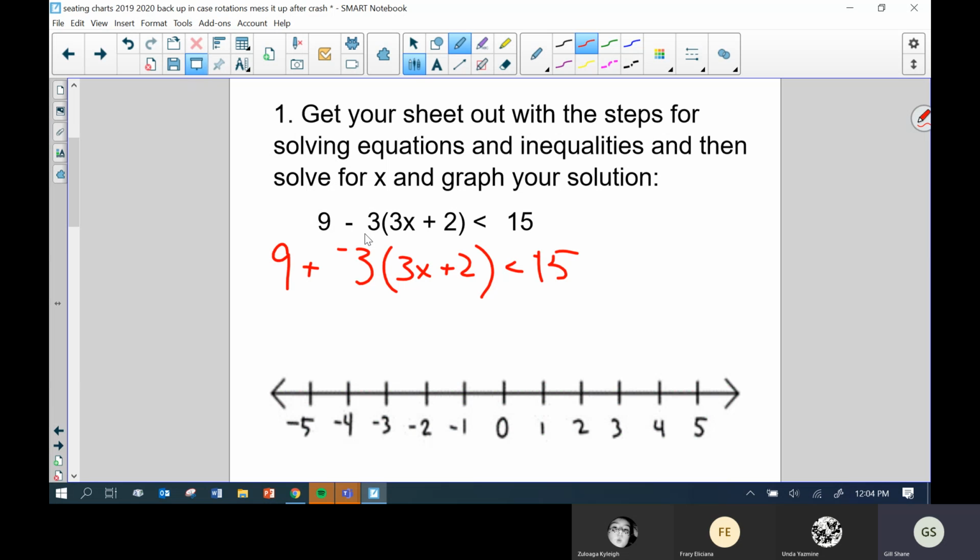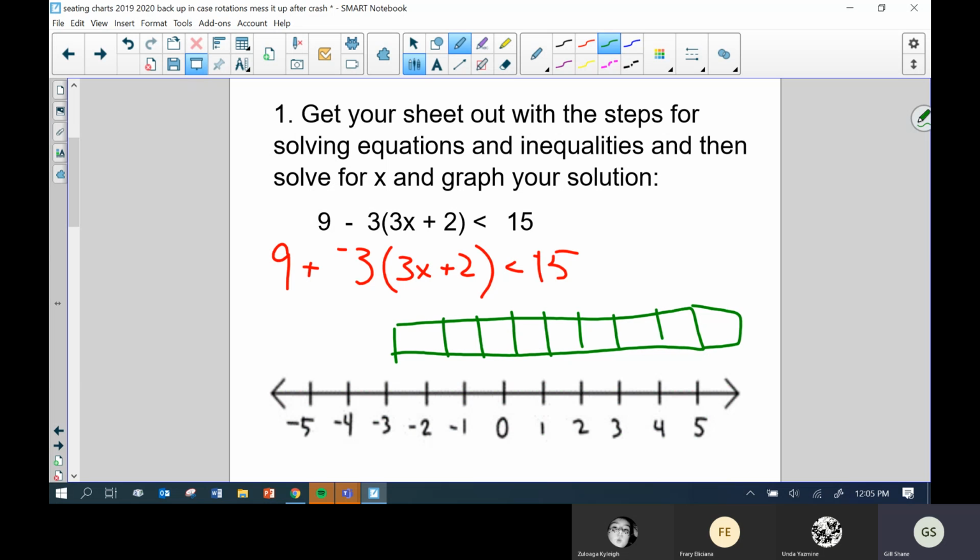So just real quick, if that's throwing you off already, adding a negative is the same thing as subtracting. I'll give you an example. Let's say you're playing a board game. Let's say it's got a board that's just labeled with numbers. That's not enough numbers. 1, 2, 3, 4, 5, 6, 7, 8, 9, 10.